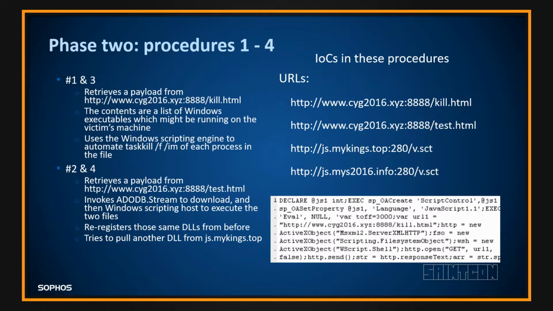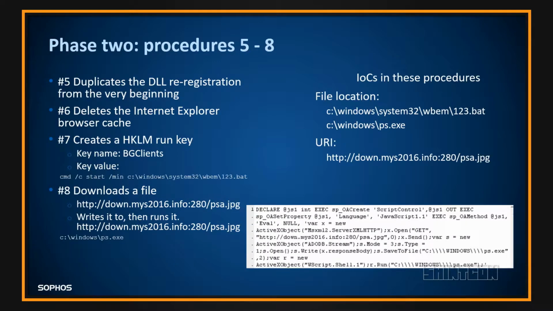The Windows scripting host downloads these DLLs that have a .sct extension on them, and re-registers them as DLLs. And then it tries to pull another DLL from a different website, this js.mykings.top domain, and that's another one that is frequently not accessible or available. It has only worked a very few number of times.